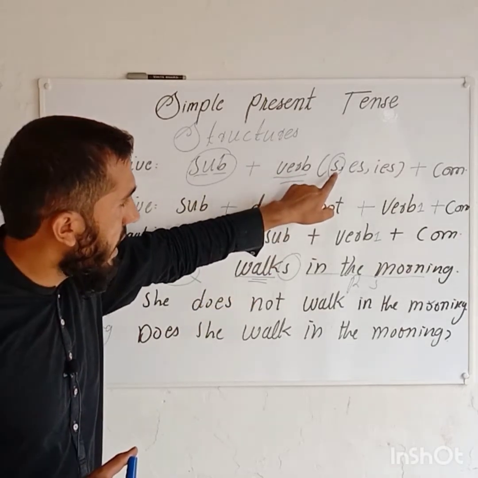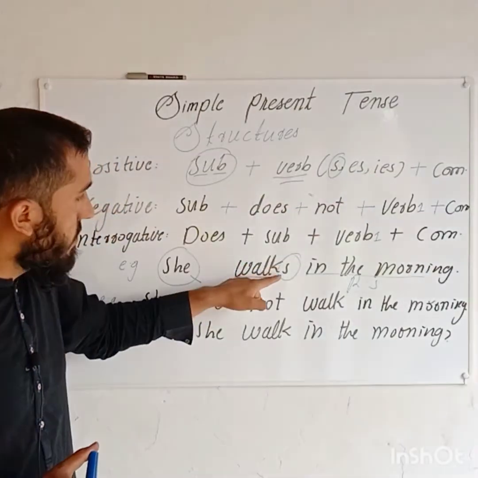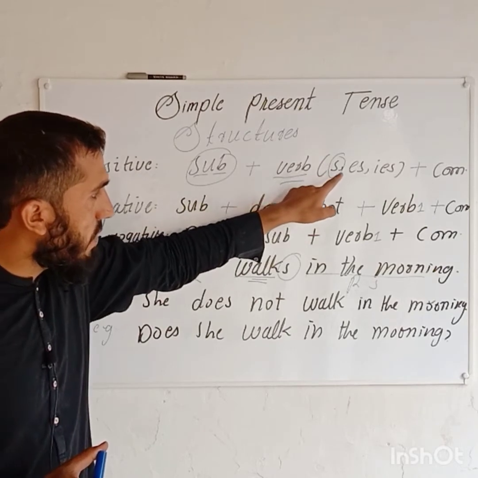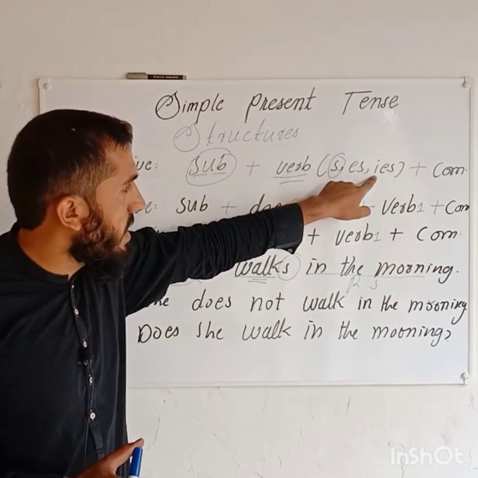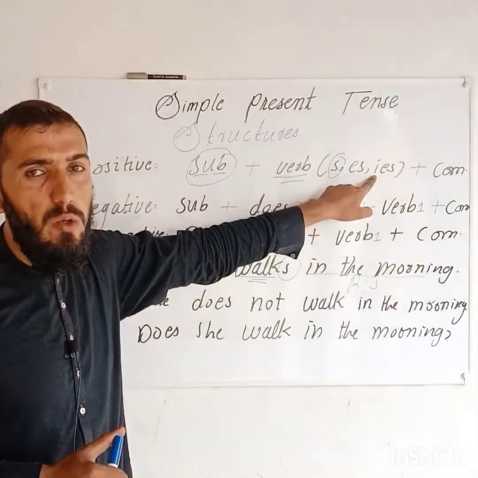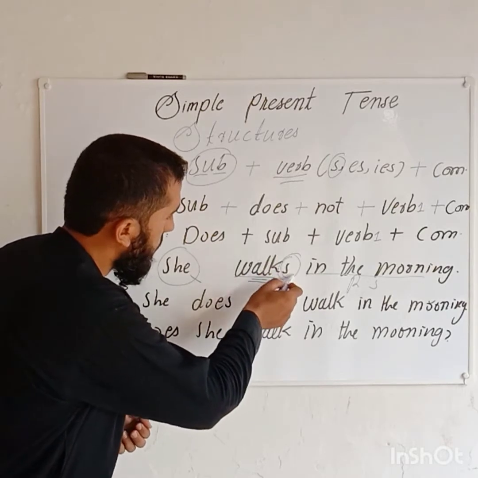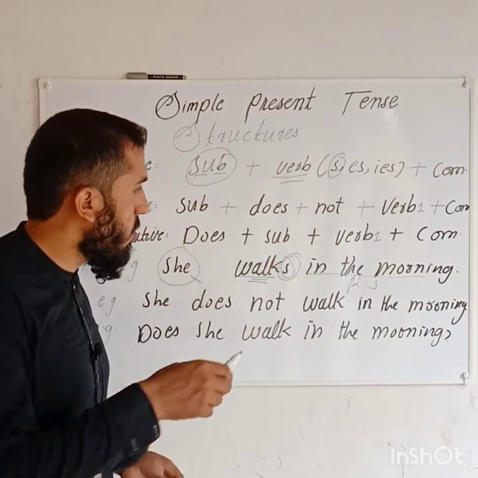And then you can add S, ES, or IES. If the verb needs S, you need to use S there. If it needs ES, you can use ES there. And if it needs IES, you should use IES there. So this verb needs only S. It becomes walks. She walks in the morning.